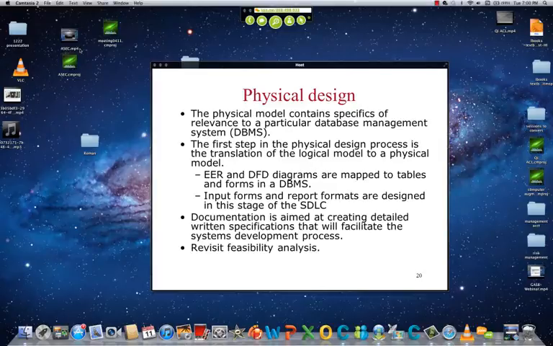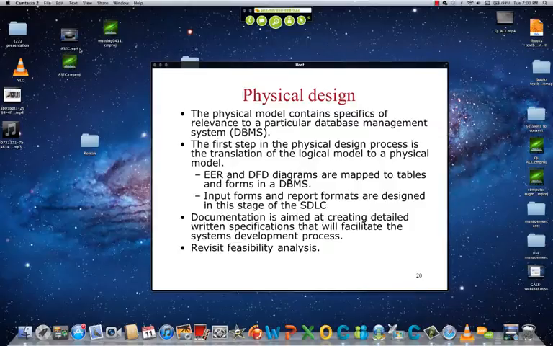But just to let you know, basically you think, okay, so I want to implement. So ER and DFD are not tied to any approach in a kind of information system. So if you want to use relational database approach, for example, you can easily convert your models to relational tables. Okay.